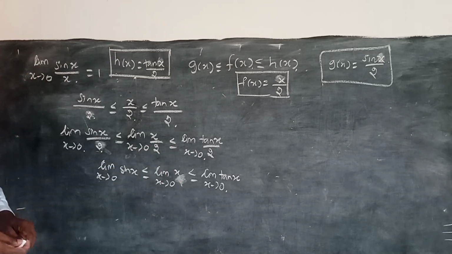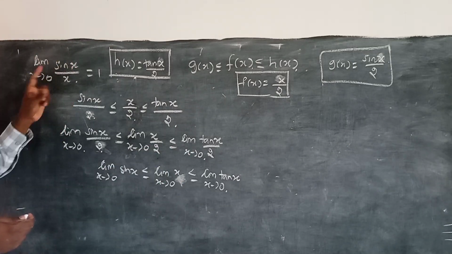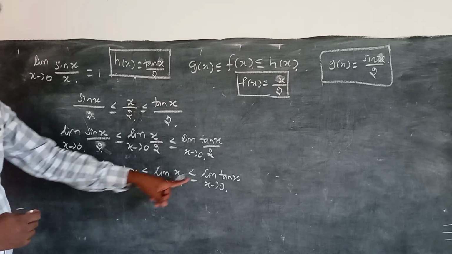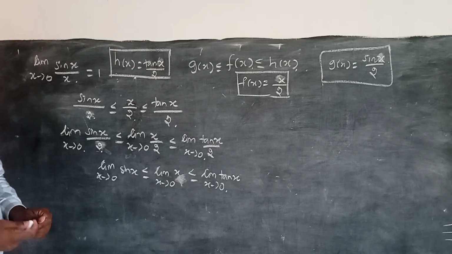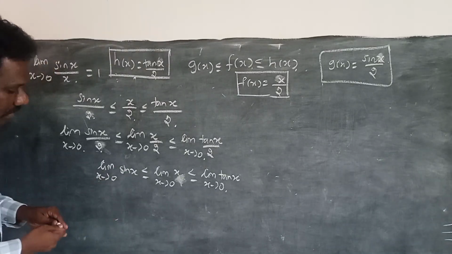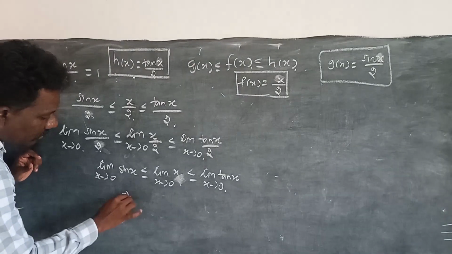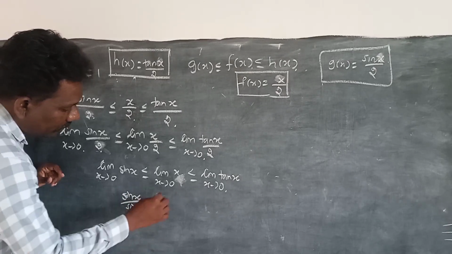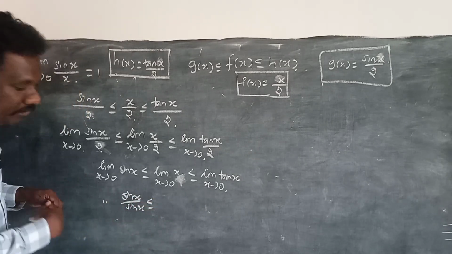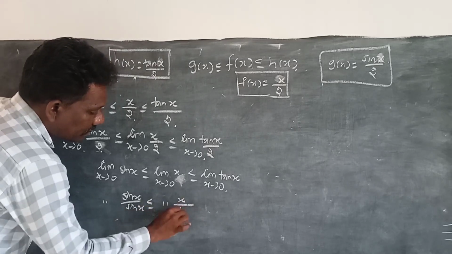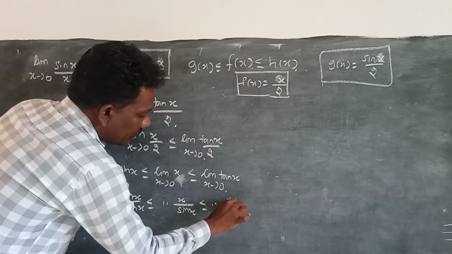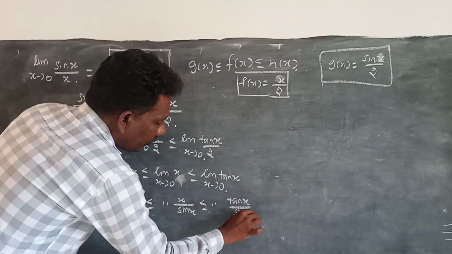Okay. Now, in order to get this, what we can do is we can also divide every function by sin x. So if I divide here by sin x, what I get is sin x over sin x less than or equal to, here we have a limit, x over sin x less than or equal to the limit of tan x over sin x.